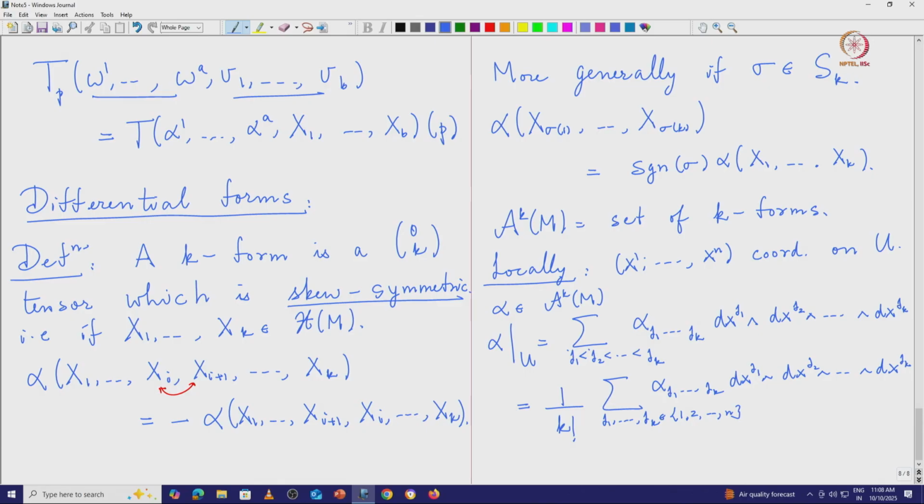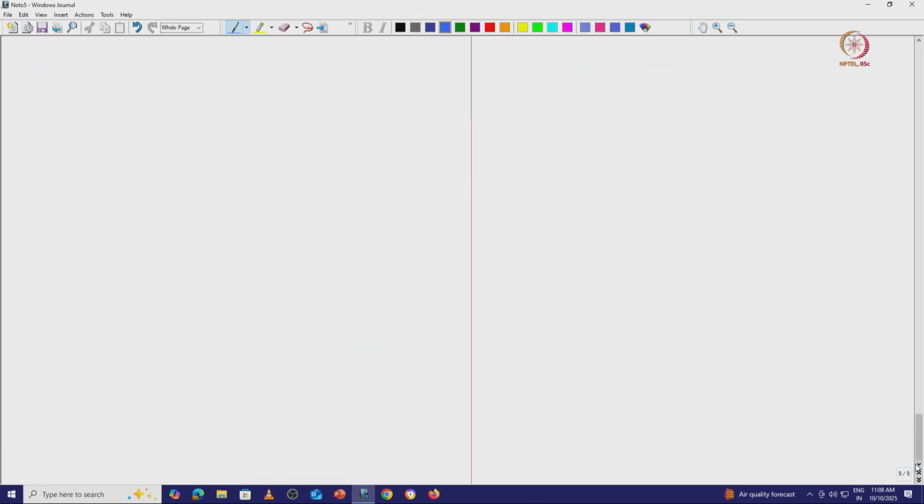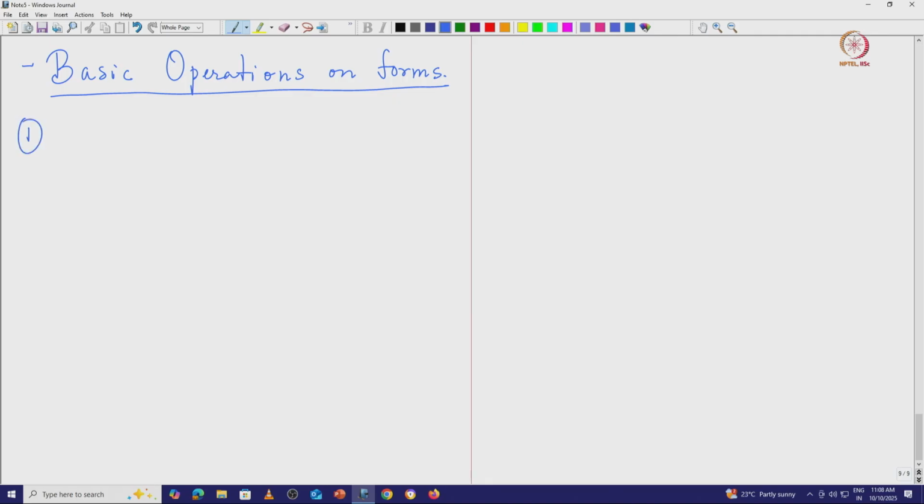Okay, let me end with just stating some basic properties of forms. So basic operations on forms. So one, we have the wedge product.